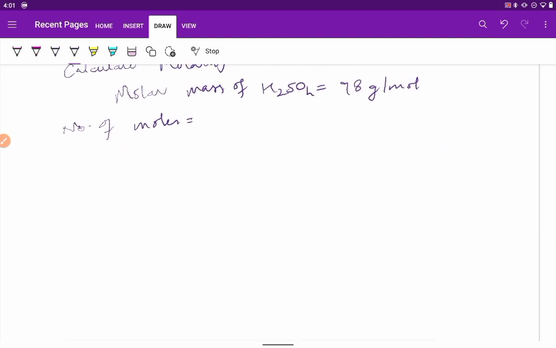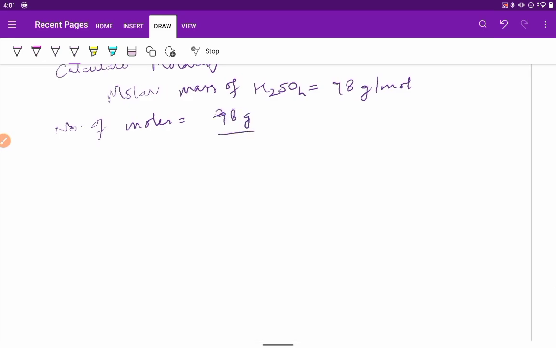So number of moles will be 98 grams by 98 grams per mole. So it is 1 mole. Now we calculate molarity.